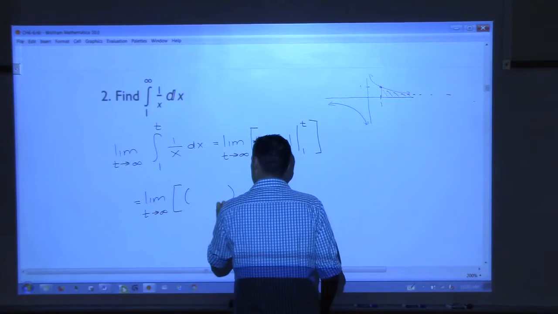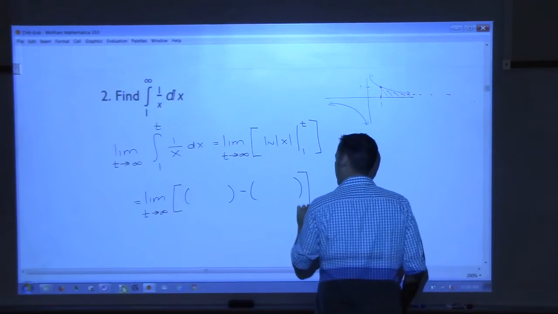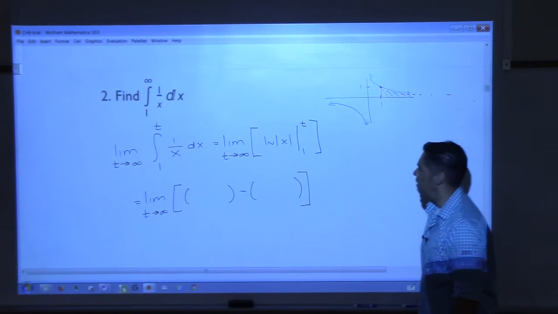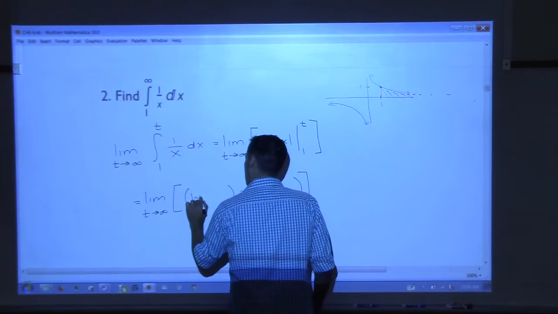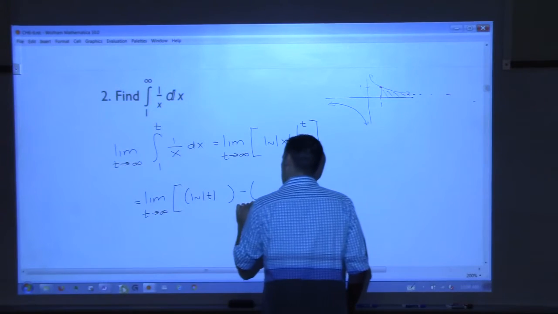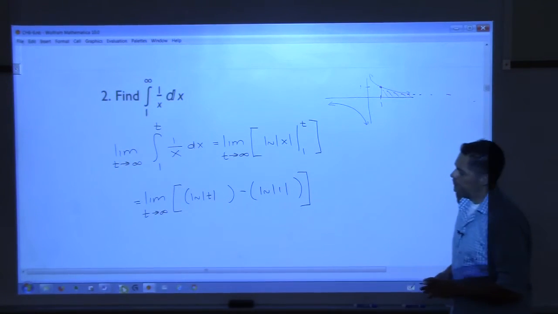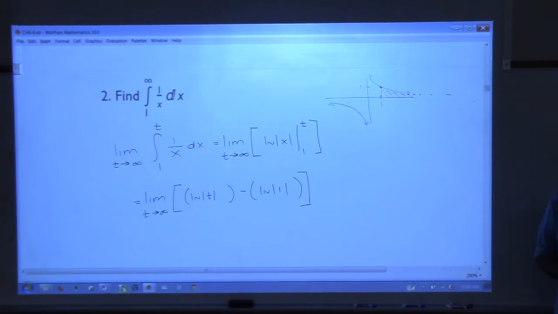Two sets of parentheses. And plug in t, plug in 1. So natural log of absolute value of t, and the natural log of absolute value of 1. At this point, I'm going to let t go to infinity.